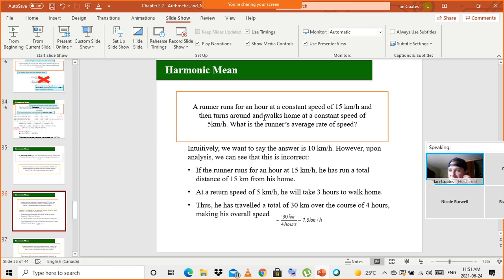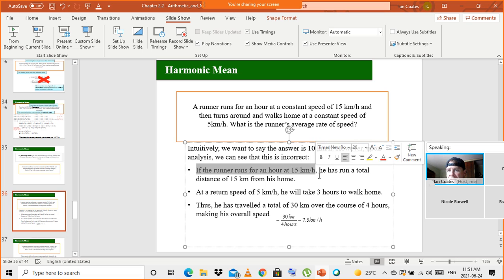So whenever you see one of these, like a running question, you're going to have to use this kind of logic. If the runner runs for an hour at 15 kilometers an hour, he or she has run a total of 15 kilometers. So to get back home has to be another 15 kilometers.